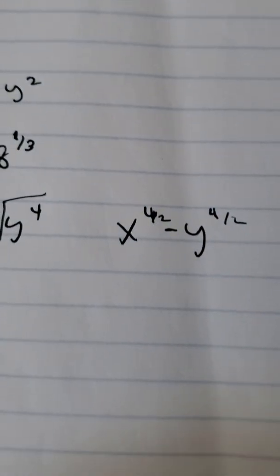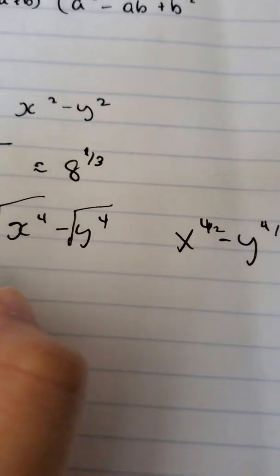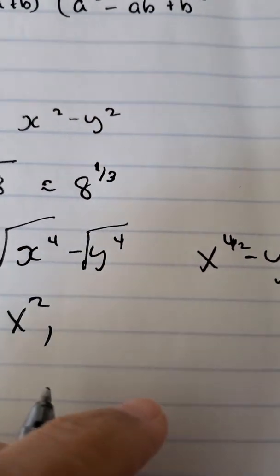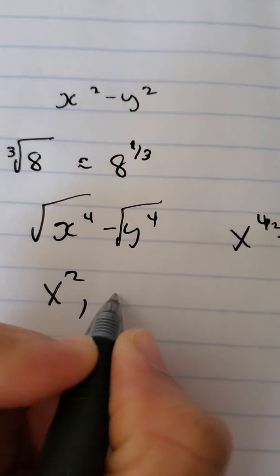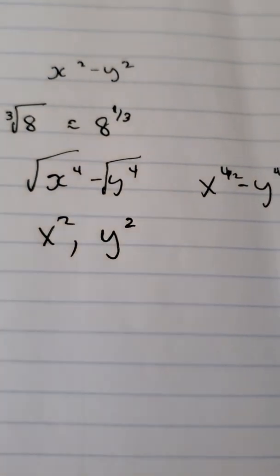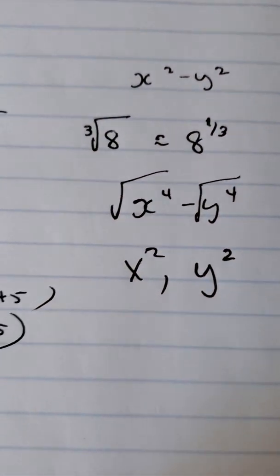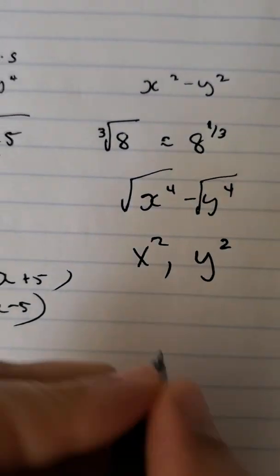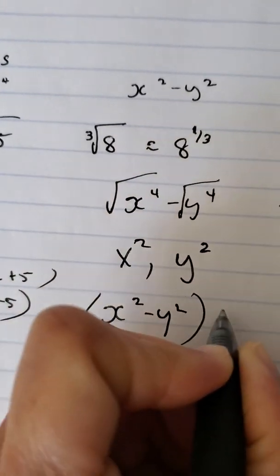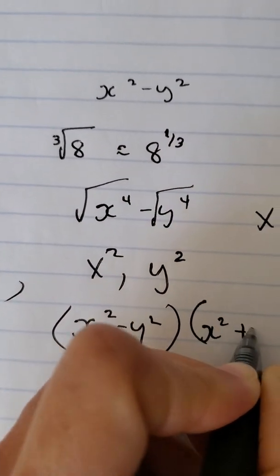So the square root of x to the 4th is x squared, and the square root of y to the 4th is y squared. I'm just explaining it in layman's terms. So this now is x squared minus y squared times x squared plus y squared.